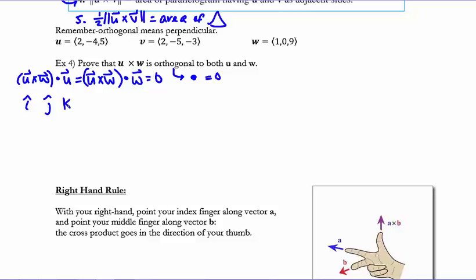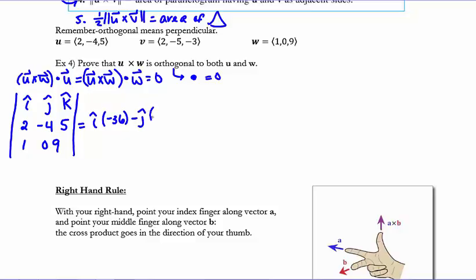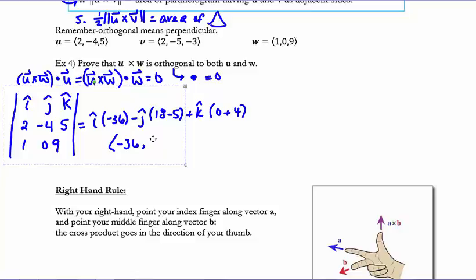So i, j, k, 2, negative 4, 5, 1, 0, 9. I'm going to have i times negative 36 minus 0, minus j times 18 minus 5, plus k times 0 minus negative 4, which gives me negative 36, negative 13, and 4.